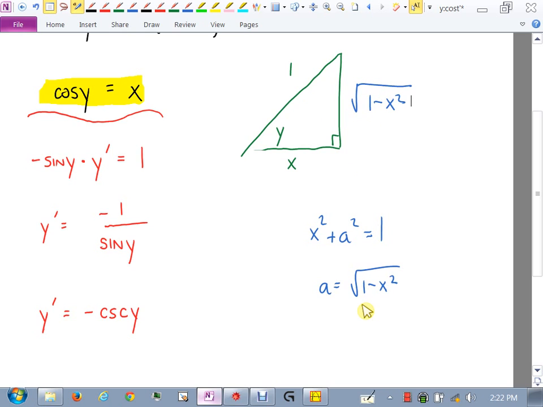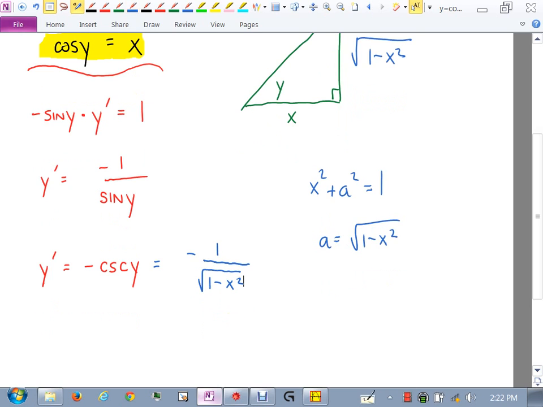So what's cosecant? Well, what's negative cosecant? So negative 1 over the square root of 1 minus x squared. And that's it. Again, you can check your formula sheet. It should be on there, right?